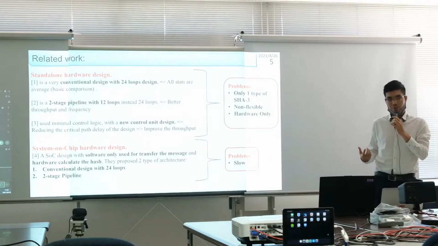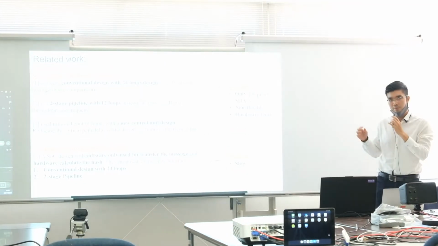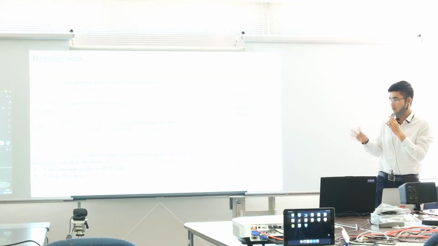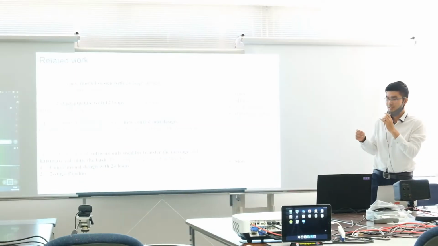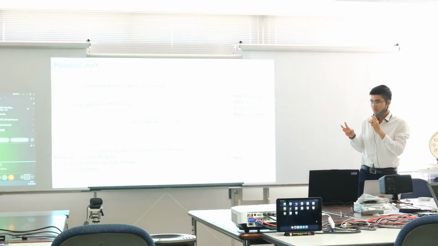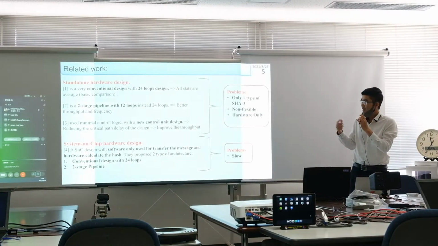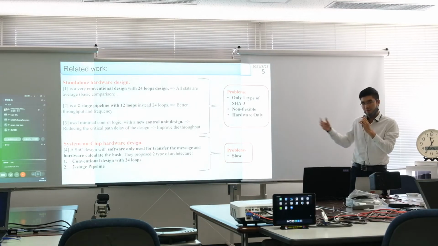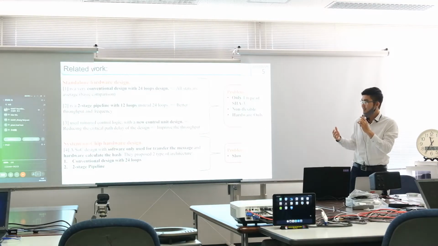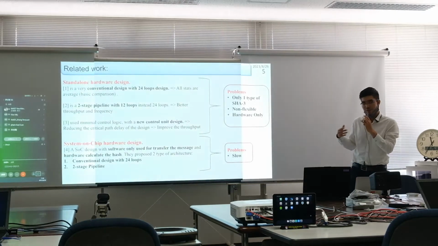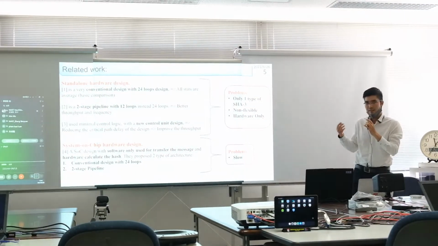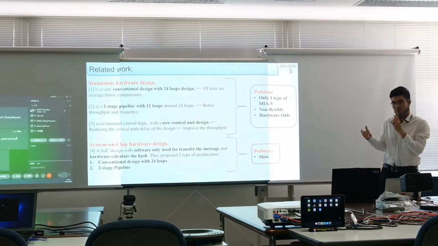And about the related work. Here, I looked at 4 related works. The first is standalone hardware, which has 3 main designs. The first is a very conventional, very basic design, so we can compare with it because it's the basic one. The second one is a pipeline with 2 stages, and the third one is a new approach with a new control unit.